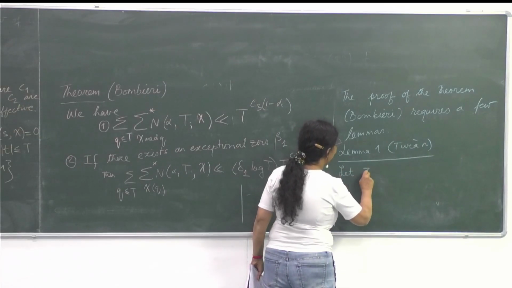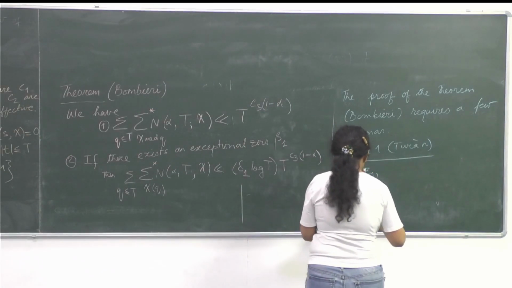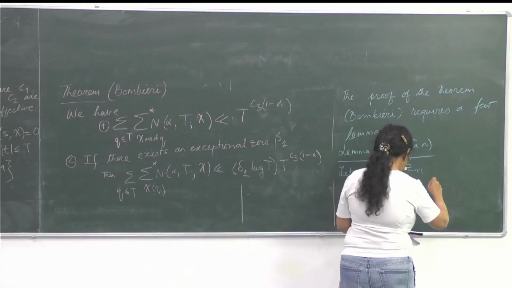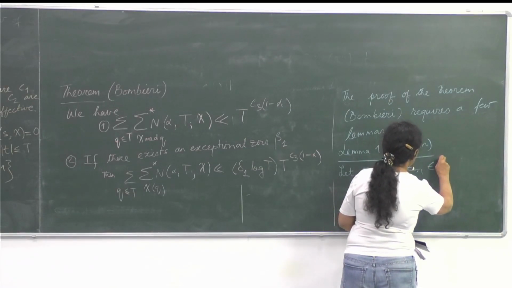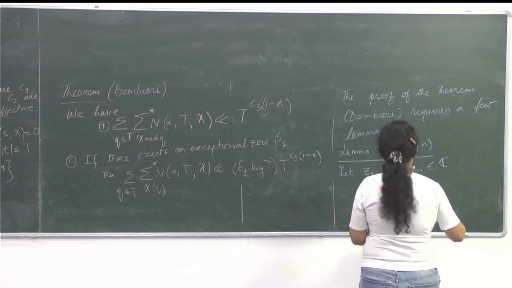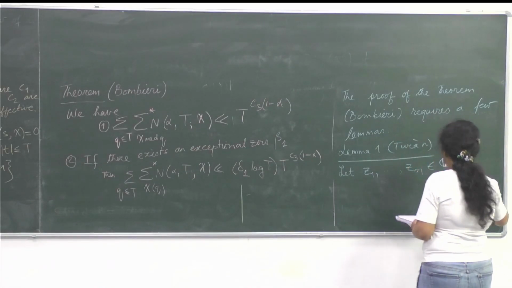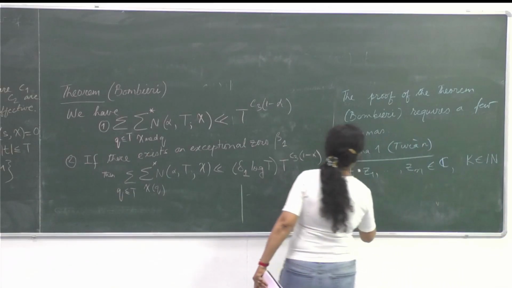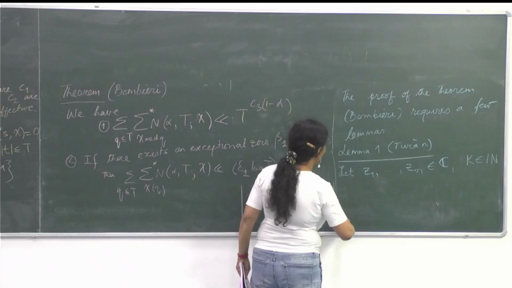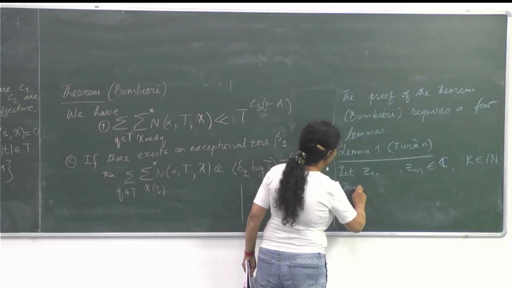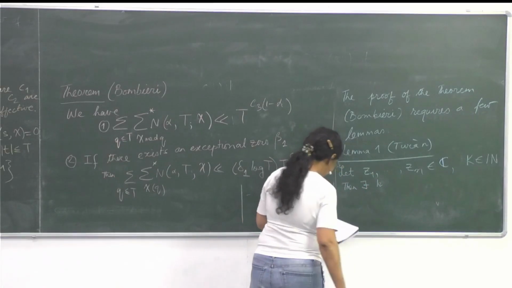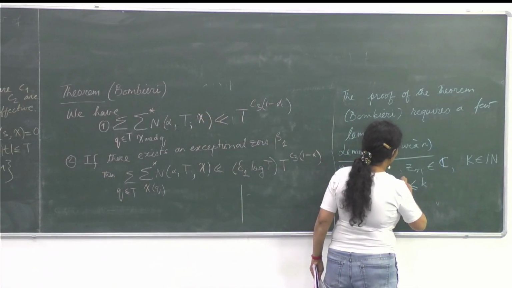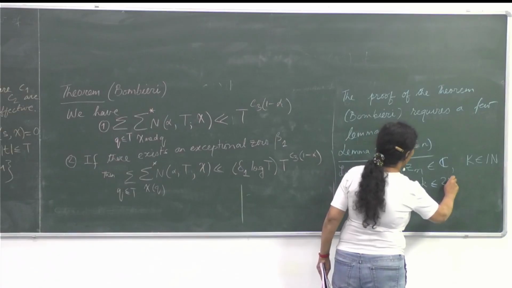So I take some complex numbers, z1 to zn, these are complex, and I take some capital K, which is a positive integer. All right. Then I claim that, Turan claims there exists a little k. Okay. This little k is between capital K and capital 2K.